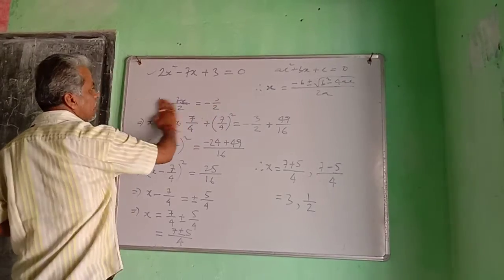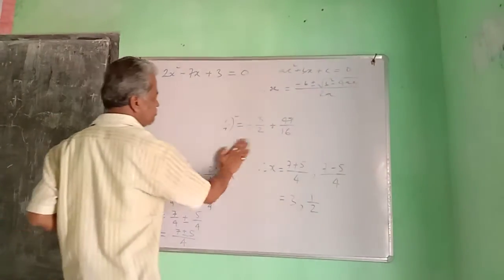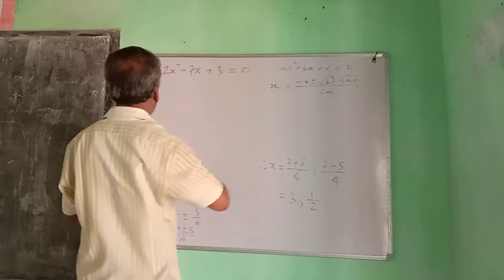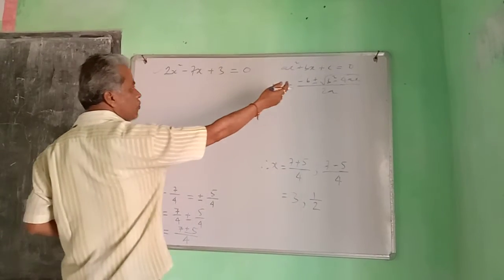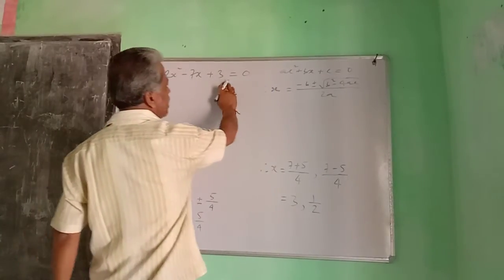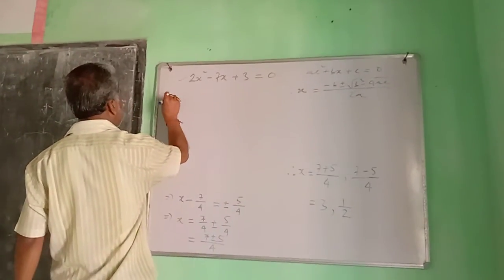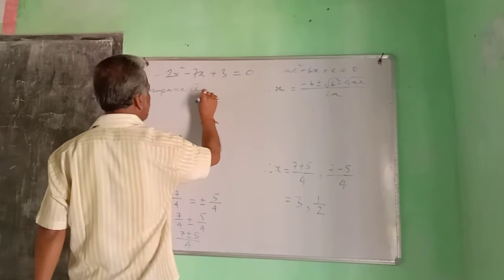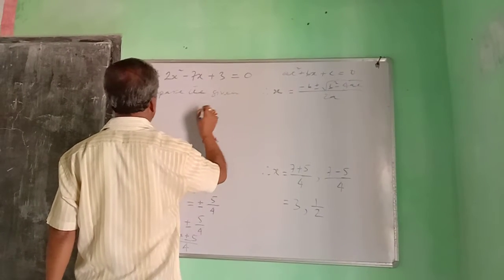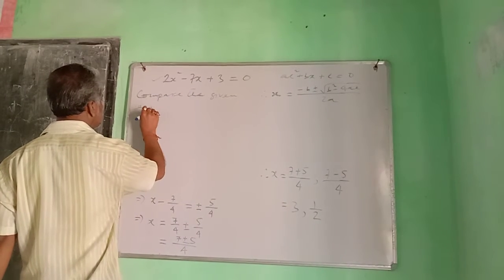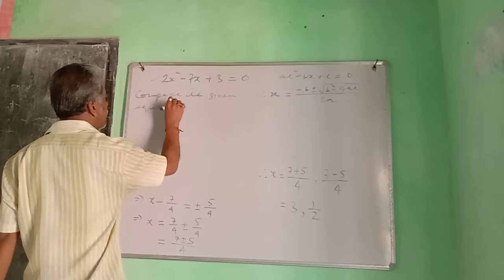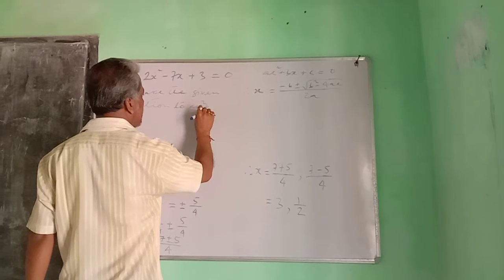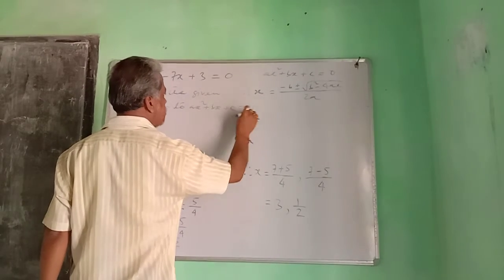Now see, if we use this formula, first you have to compare the given equation to ax square plus bx plus c is equal to 0.